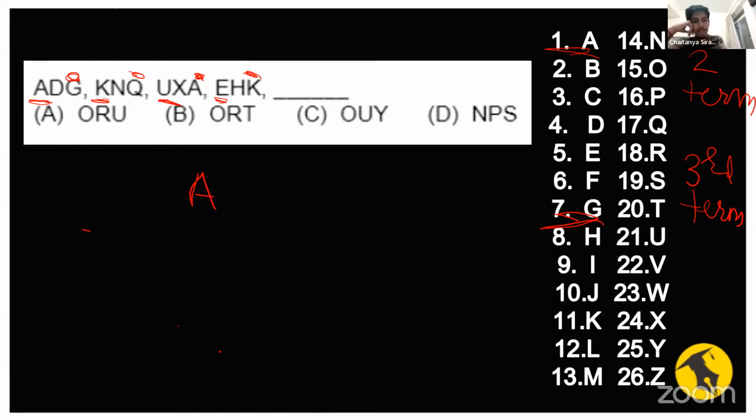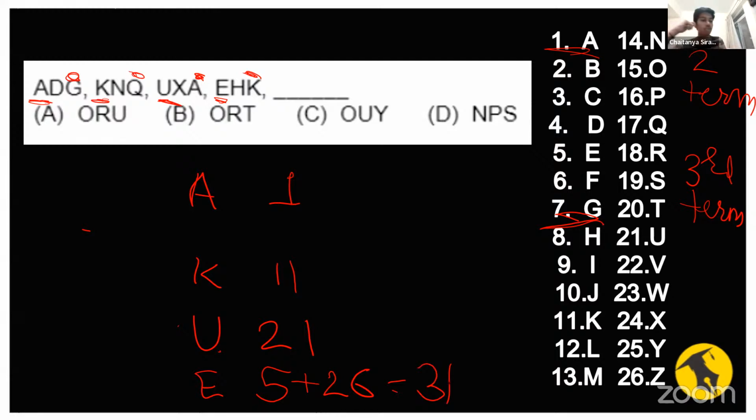So A, K, U, and E. My A is 1, K is 11, U is 21, and E is 5. So I can write 5 as 5 plus 26, which is 31.